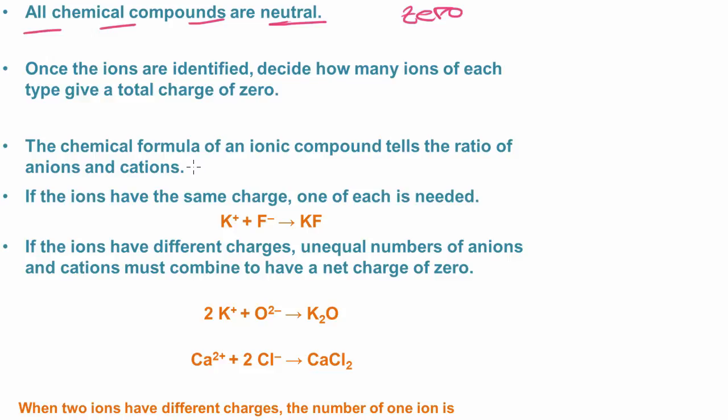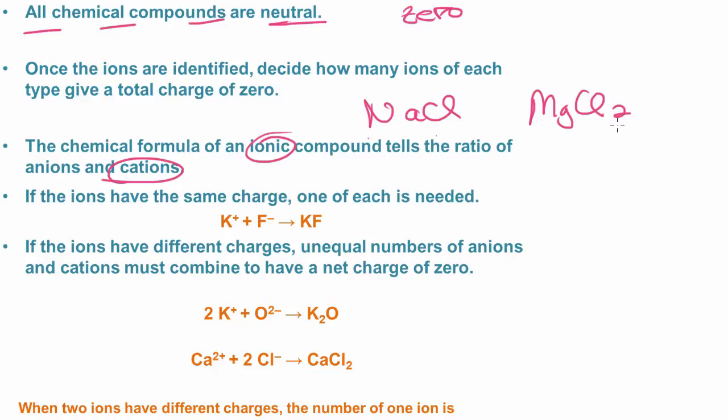Let's take a look at how we write formulas for these ionic compounds. The chemical formula of an ionic compound will give us the ratio of anions and cations. So for example, for sodium chloride, we have a 1-to-1 ratio of sodium ions to chloride ions. For magnesium chloride, we have a 1-to-2 ratio of magnesium ions to chloride ions, right? We get that from the subscripts.